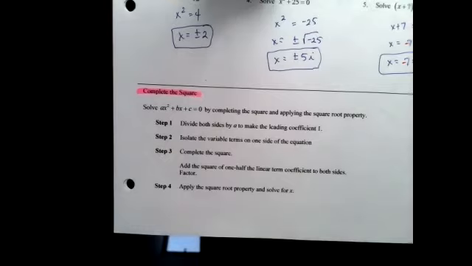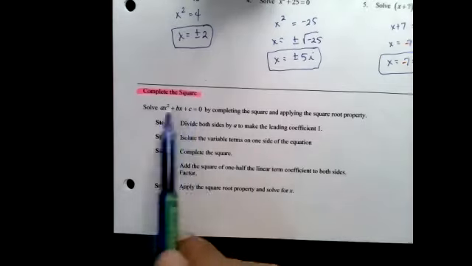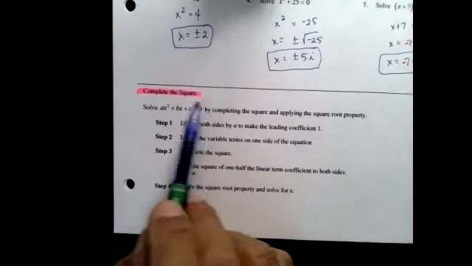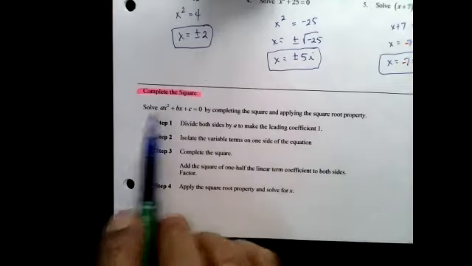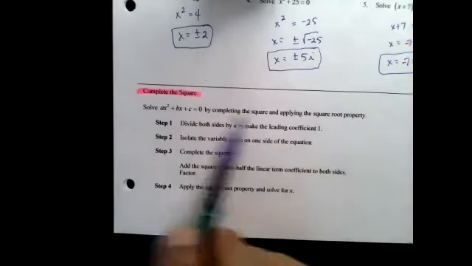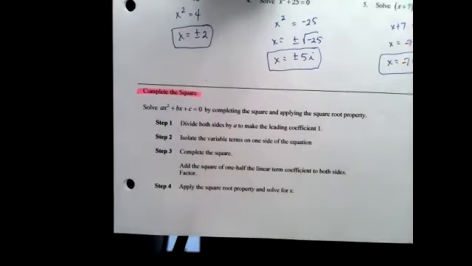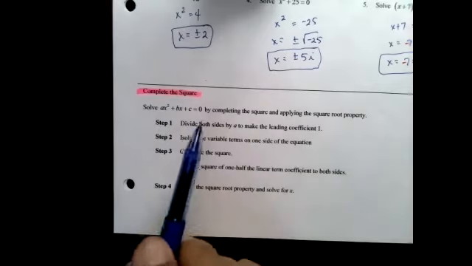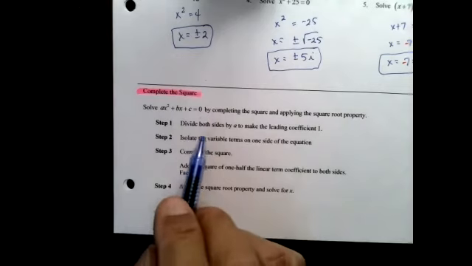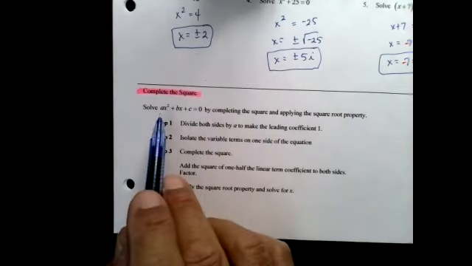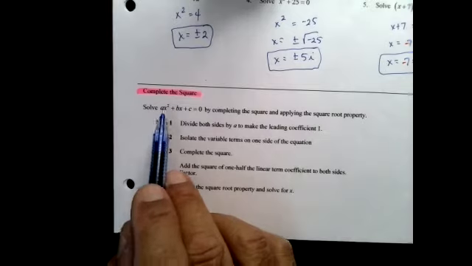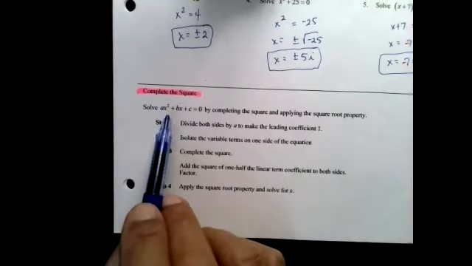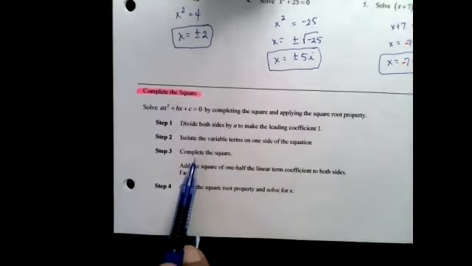completing the square. And again, I'm going to take a quadratic, and I can take all quadratics and solve them this way. This is one of those blanket ways to do it that nobody does, because you find simpler ways. But let's see, what do I have here? Oh boy, step 1, divide both sides by a. To make the leading coefficient 1, I'd have to divide everything by a.